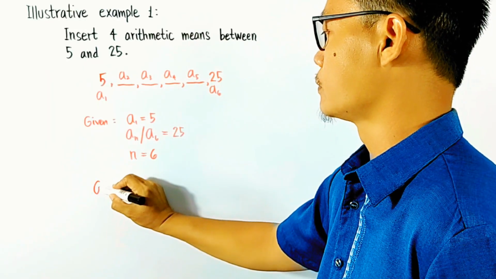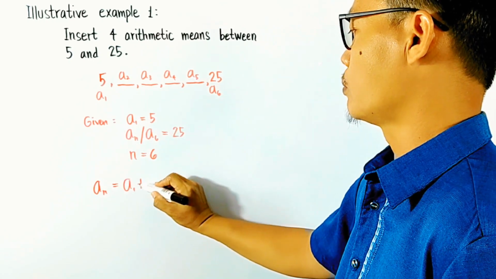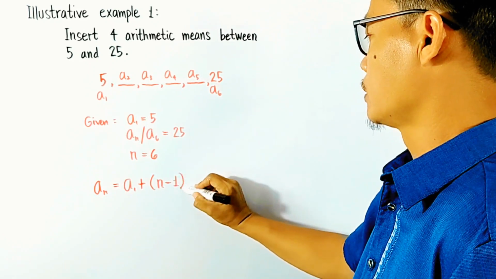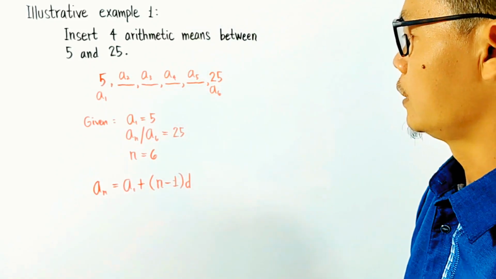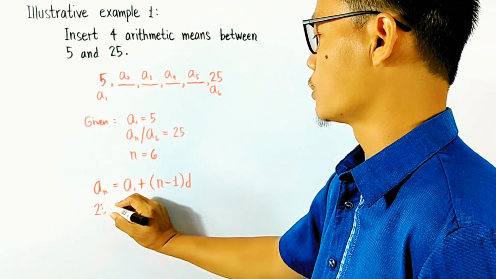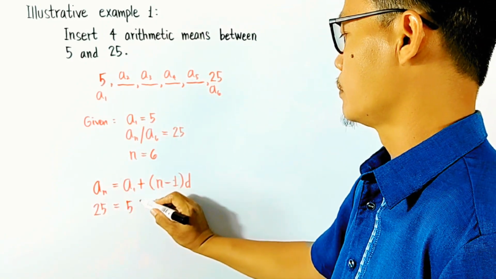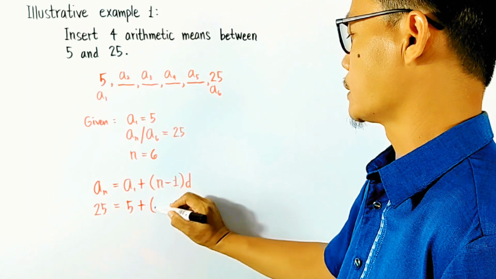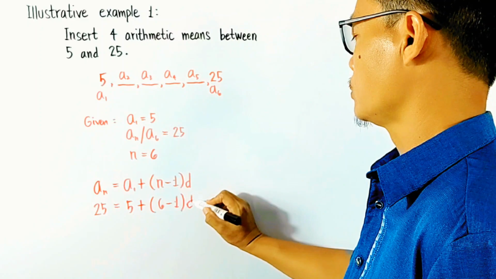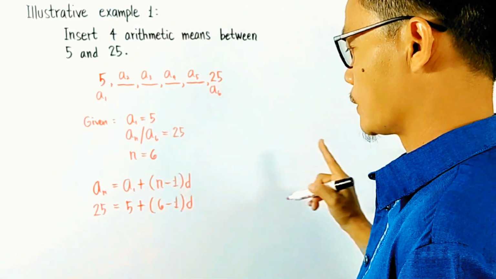Using the notation, we have a sub n equals a sub 1 plus quantity n minus 1 multiplied by the common difference. Since a sub n is already given, this becomes 25. The first term a sub 1 is 5, plus the value of n, 6, subtracted by 1, multiplied by the unknown common difference. We need to transform this into d equals something.